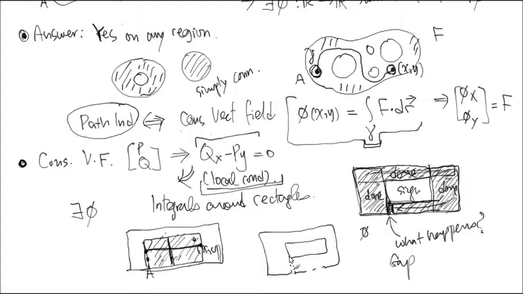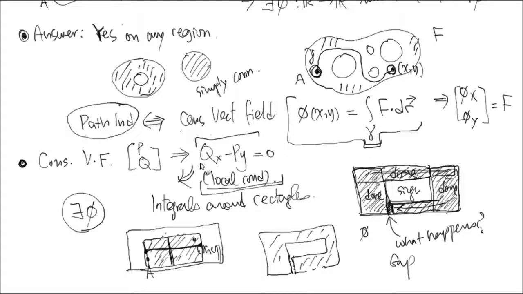If you look at this pattern here, this is again a simply connected region, so it's already covered by the earlier theorems. A local construction will allow you to construct this potential function for a local region, and it can be extended to any simply connected region by continuing to construct like this.